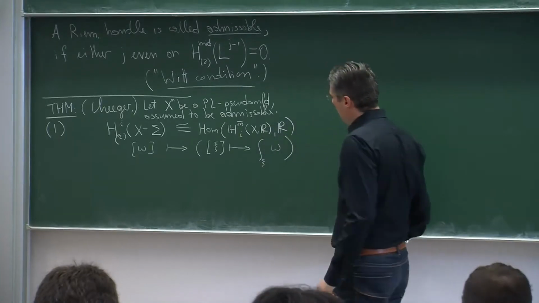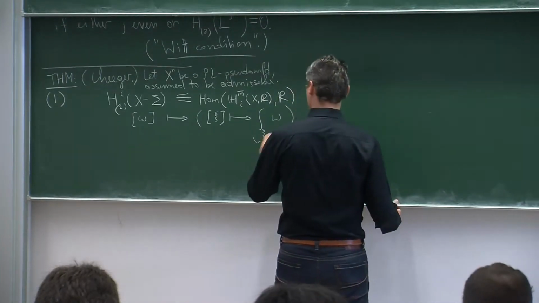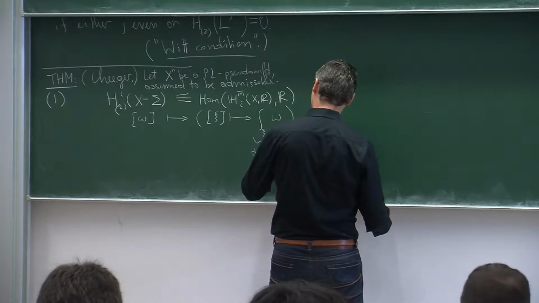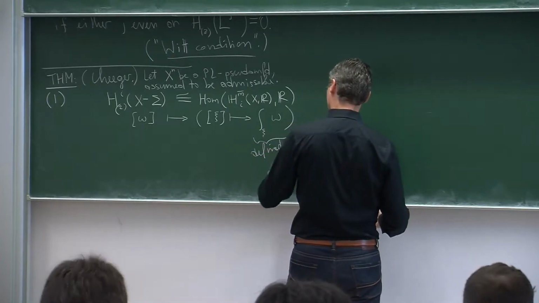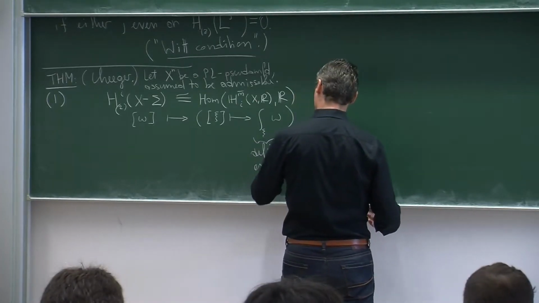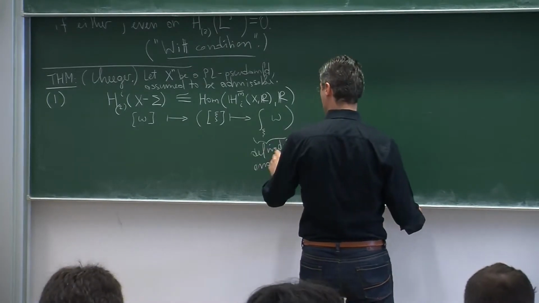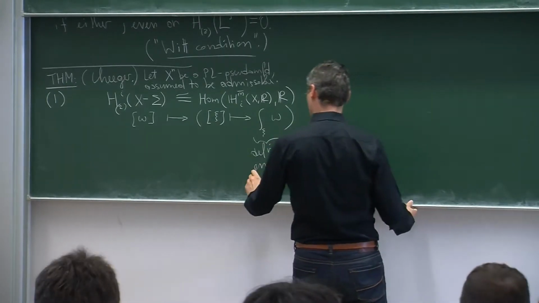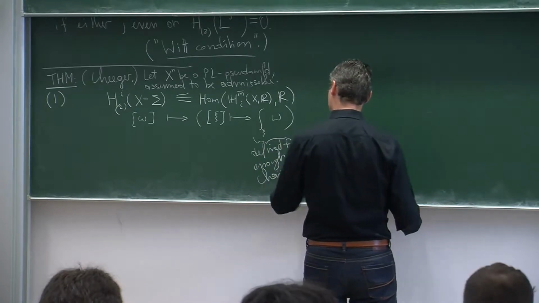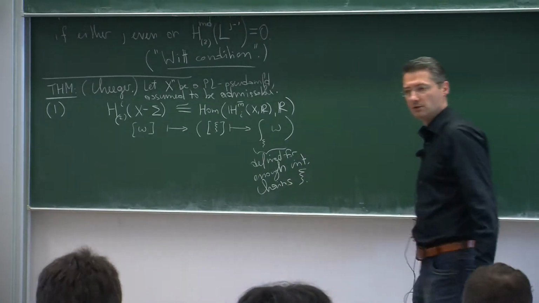And this integral is defined for enough intersection chains, xi, so that this makes sense.